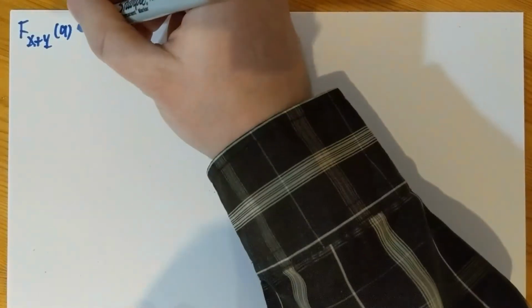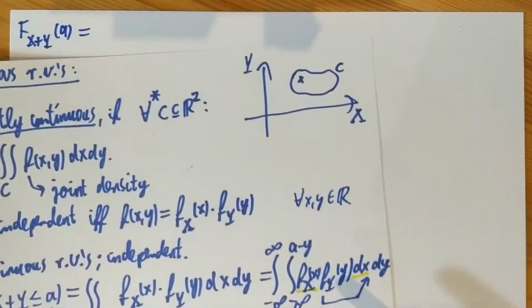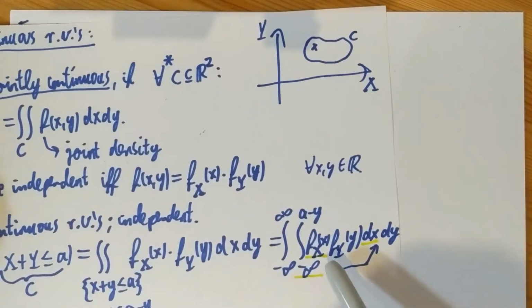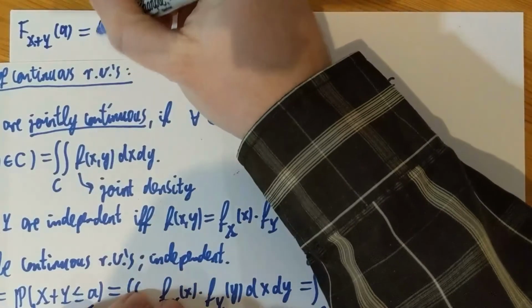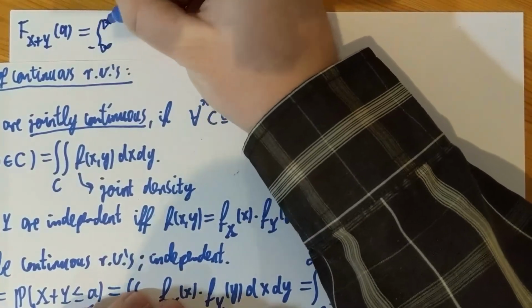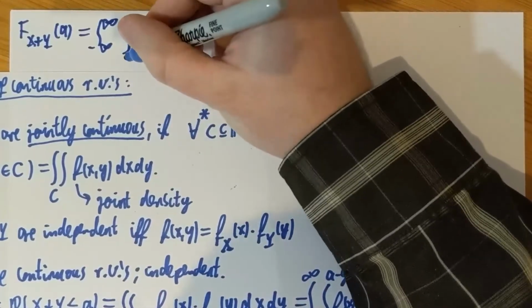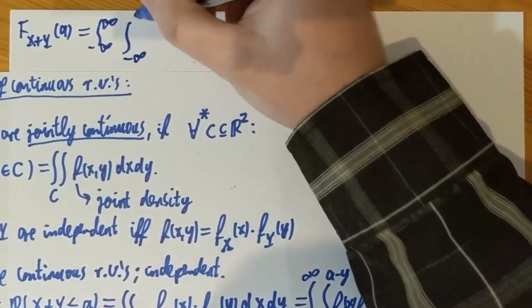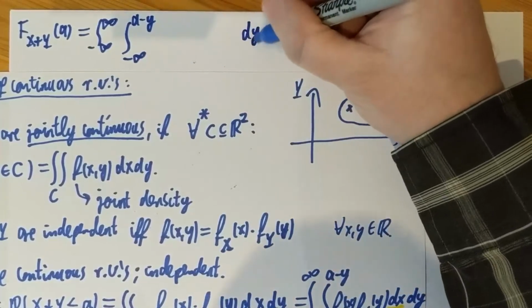This was equal to, at some point, this formula here. So let me write up this formula here. Integral from minus infinity to infinity, integral from minus infinity to a minus y, and the outer integration was with respect to y.